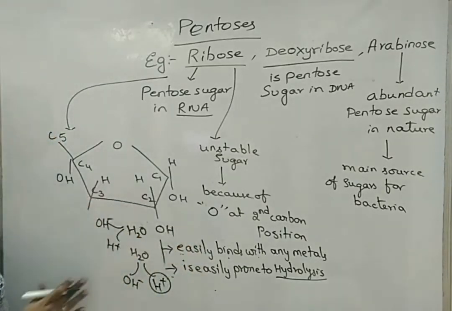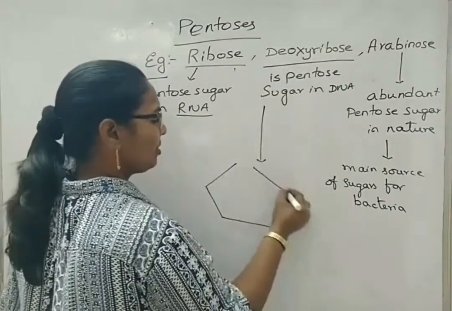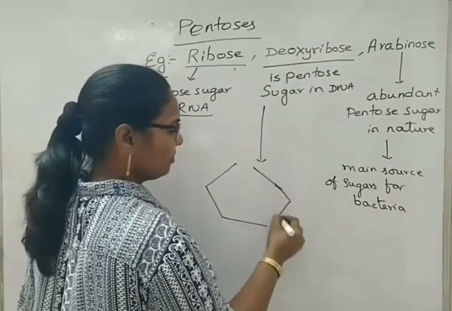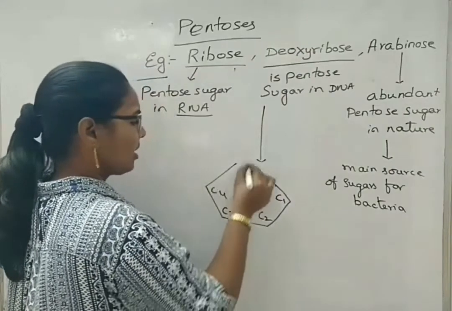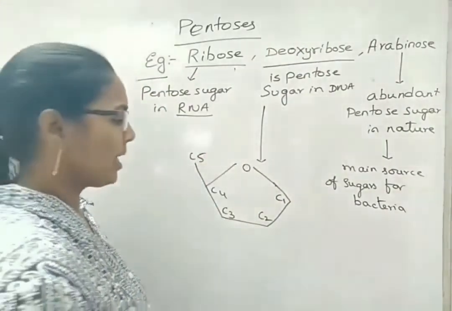Okay, so this is about the ribose sugar. Now, what deoxyribose pentose sugar or deoxyribose sugar is like this. So, carbon 1, carbon 2, carbon 3, carbon 4 and carbon 5. Carbon 5 is considered as a branch.